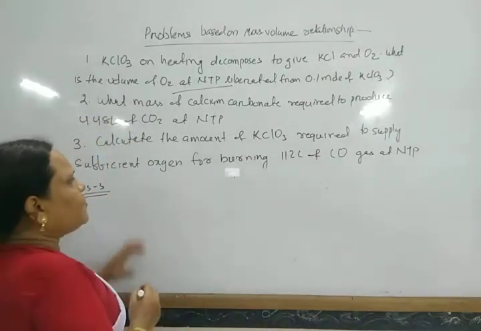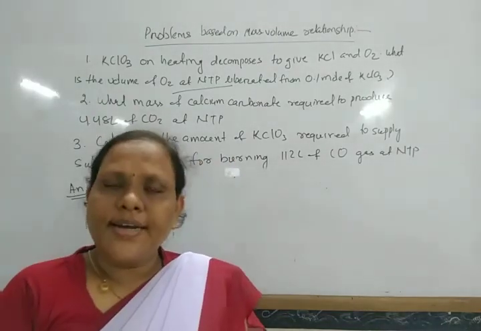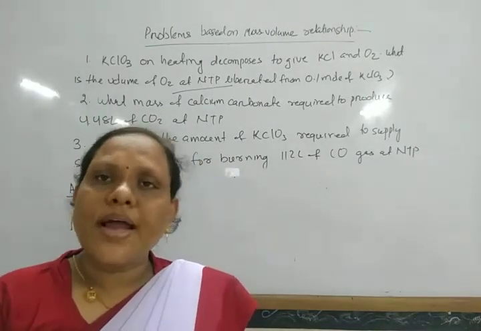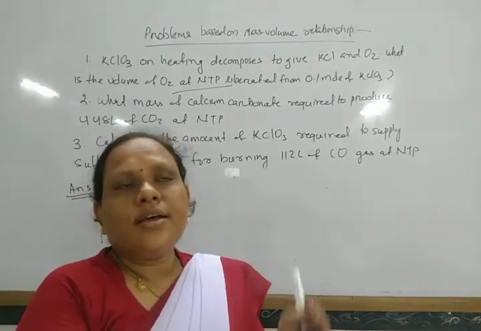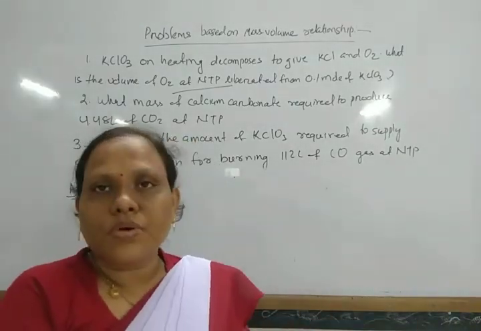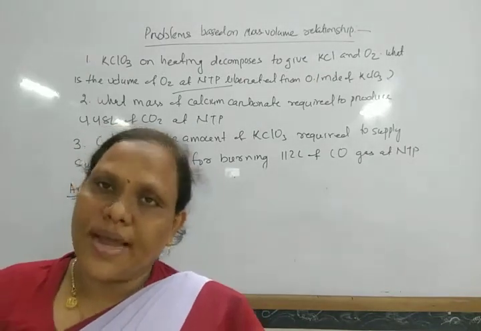So first, when potassium chlorate is heated, it gives potassium chloride and oxygen, and that oxygen is utilized for the reaction of carbon monoxide to form carbon dioxide.